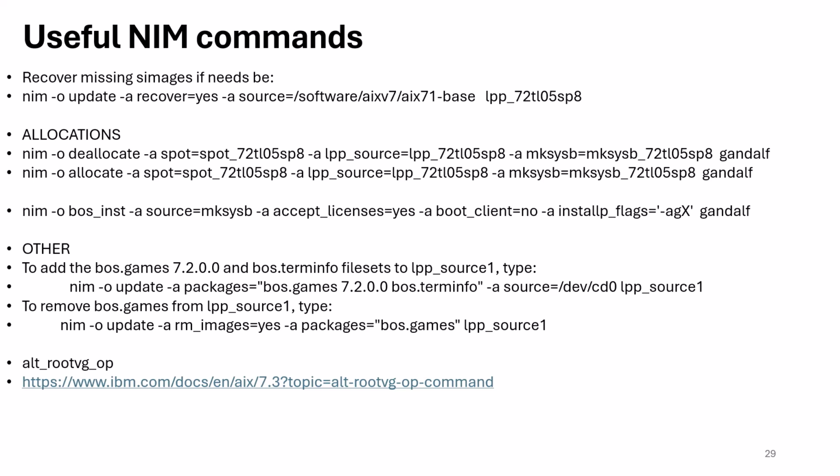And under packages=, instead of all like we normally use, you would put the actual names of the packages. And you can also use the rm images to actually delete images out of an LPP source if you don't want them in there. I also recommend that you become very familiar with alt_rootvg_op, because that is the command that is used for most of the alternate disk installation things that we're going to talk about.